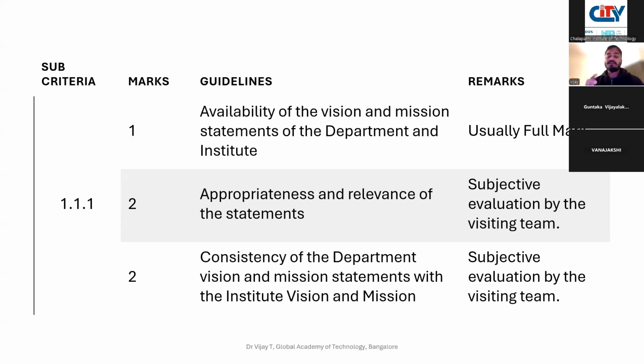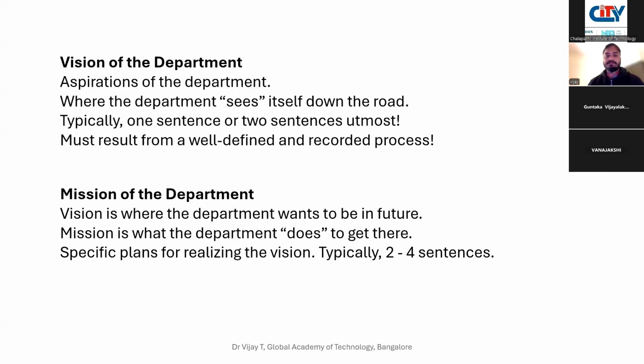If you can bring out that appropriateness with keywords, that would fetch full marks. Then consistency of the department vision and mission statement with the institute vision and mission statement. So these two parameters, the table that you are going to develop for vision mapping and mission mapping with justification for department and institution, would carry the full 5 marks under 1.1.1.